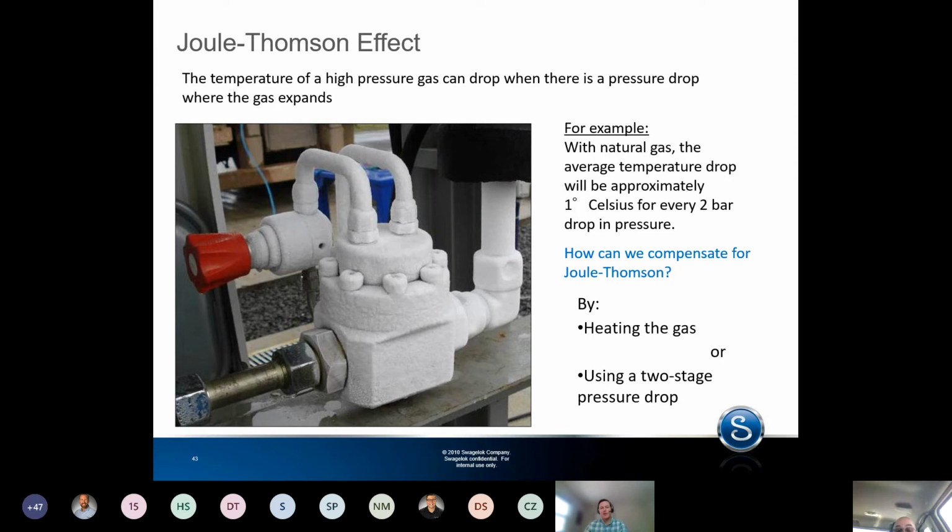So for natural gas, it's about a 1 degree C temperature drop for every 2 bar in pressure drop. So for imperial units, it's about 2 degrees F for every 30 psi of pressure drop. So it could be significant. One way to combat that is you can either heat the gas, right? Or you can use 2 stages. So just spread the pressure drop out over 2 stages, right?